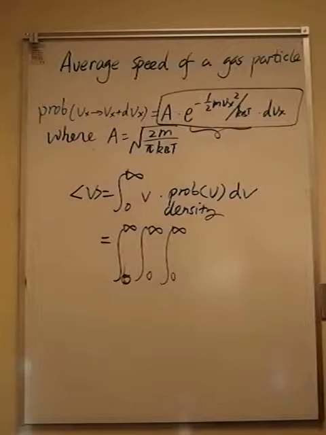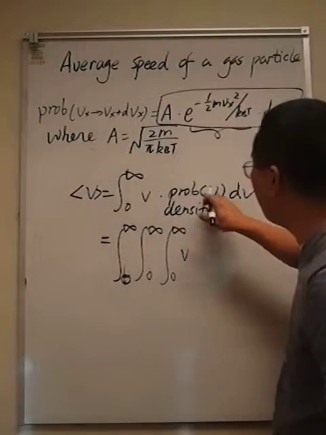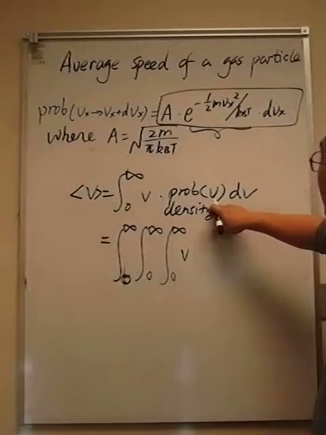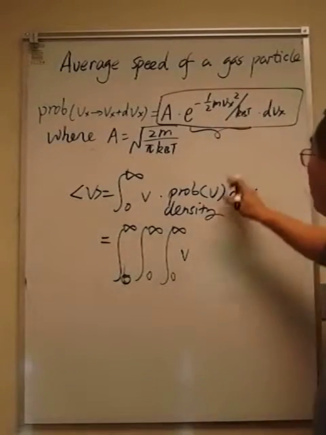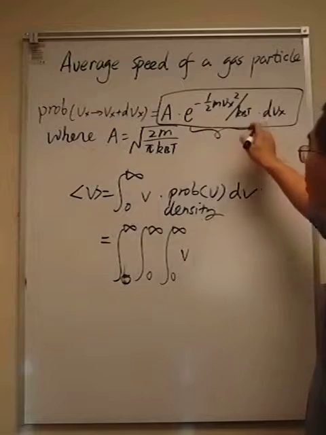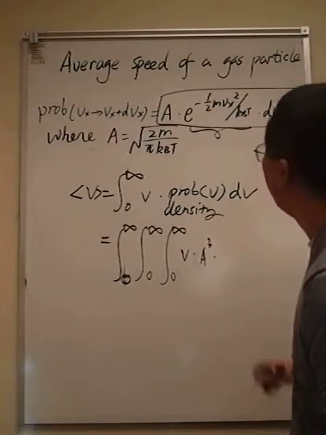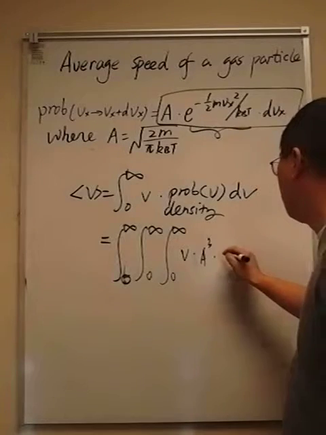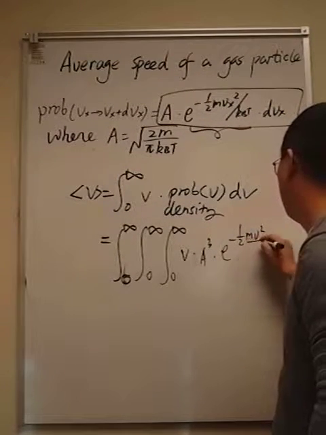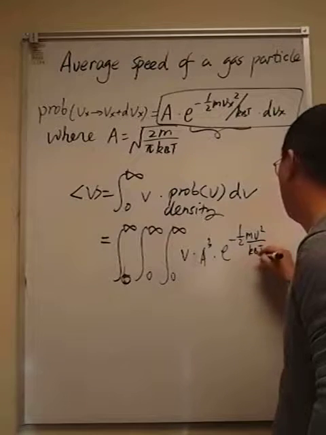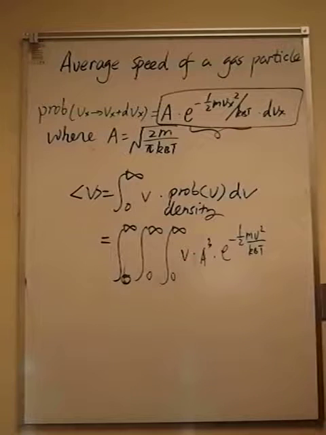They can be from 0 to infinity. And then we put V here, and then the probability of having speed V is actually this term for x direction multiplied by a similar term for the y direction and then z direction, so it's going to be A to the power 3. And then we have these Gaussian functions in three directions combined to be this guy.